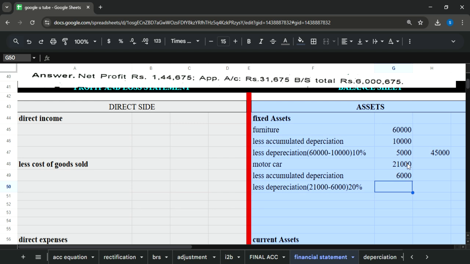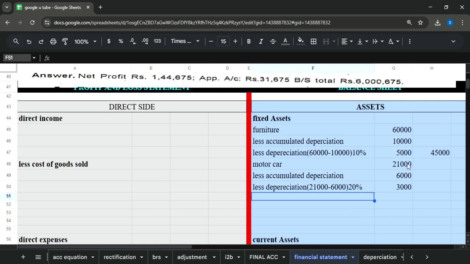Please be attentive. What was 21,000? It was the value of the asset, the value of the motor car. Then you have subtracted 6,000, which was accumulated depreciation, and then multiply by 20 and divide by 100. In this way, you will calculate current depreciation just like we have calculated for furniture.